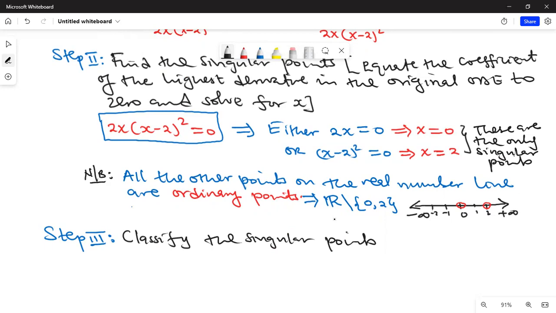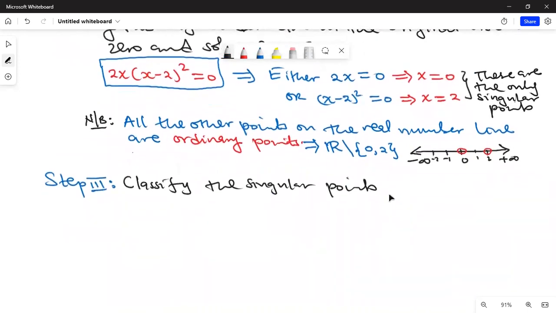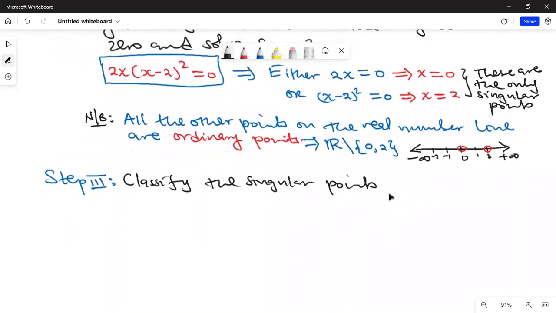So to classify, there are only two types of singular points. One is regular and the other one is irregular. And how do you know that a point is regular or irregular? So what we do, we are going to start with x equals 0 and determine whether it is regular or irregular.